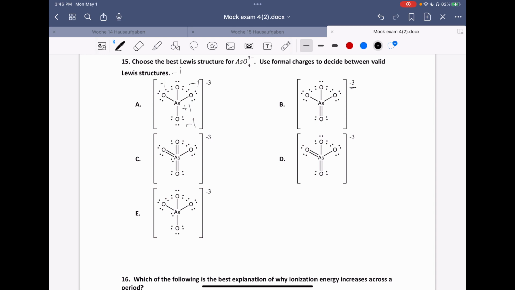Lewis structure, but like we said, if we want charges, we want them all on the oxygens, the more electronegative elements. If we do the same for this one, we have 0, 0, -1, 0, and then 5 minus 9, a -4.